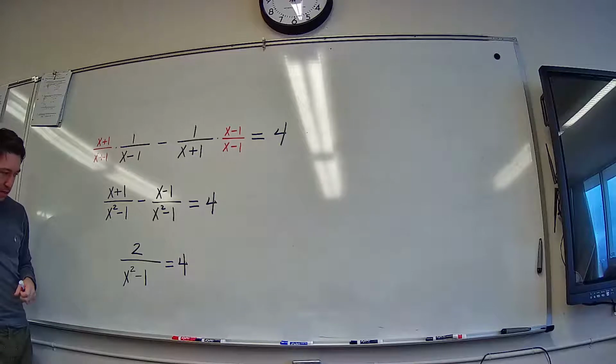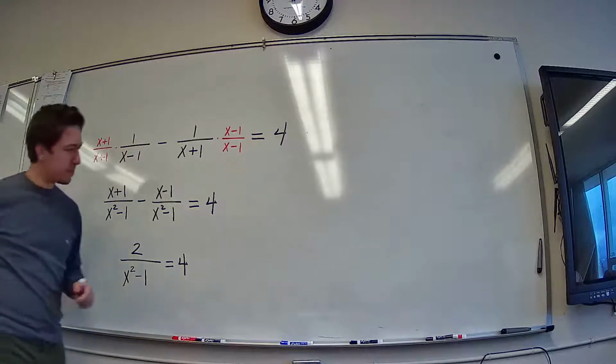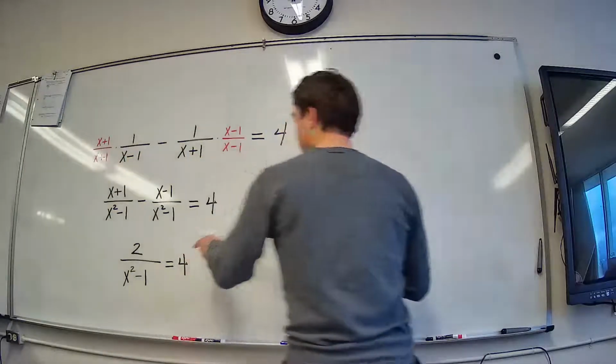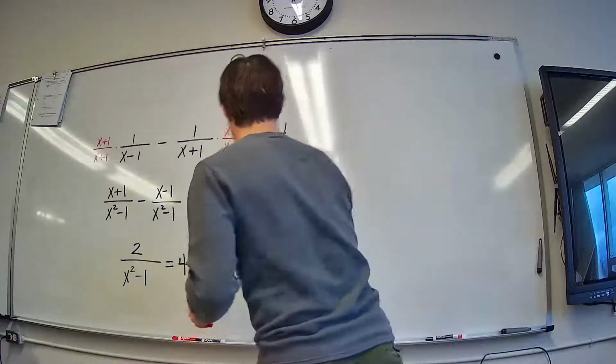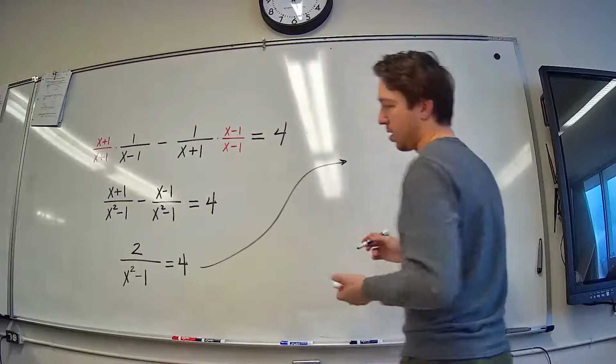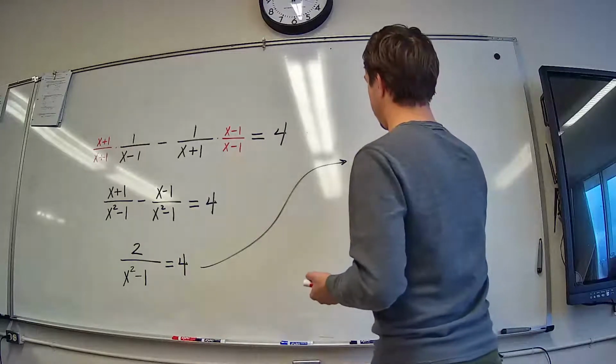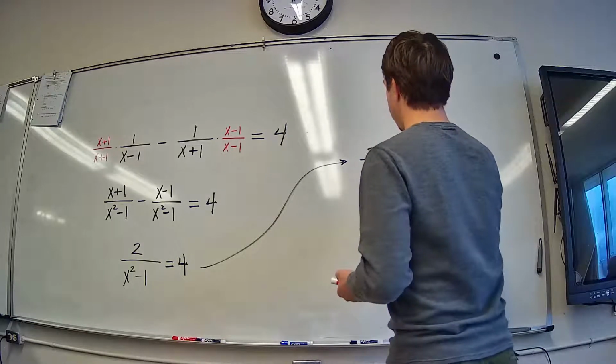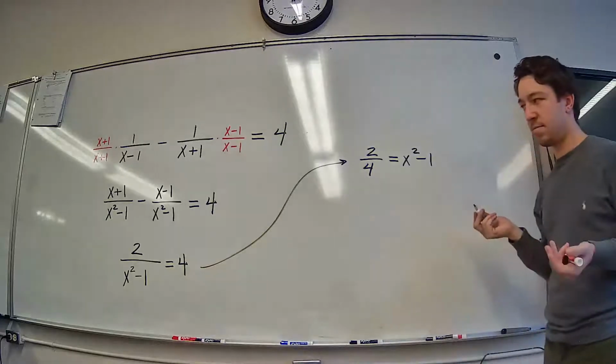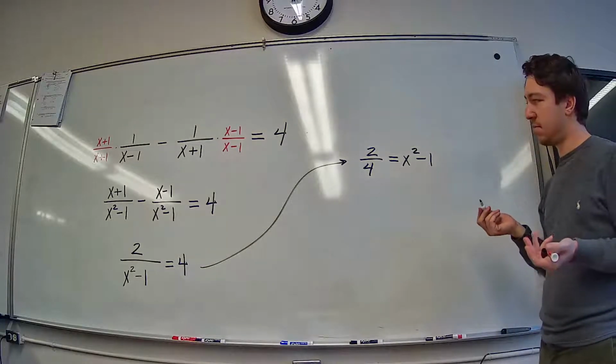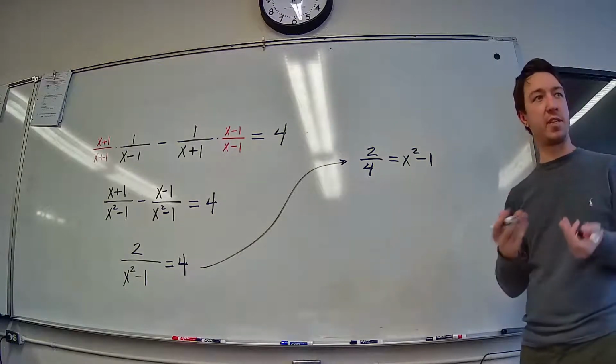Now, from here, what do we get? Give me the fraction. Does it make sense to you if I just do this? It's kind of like a cross multiplication idea.